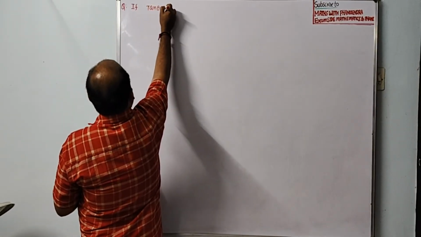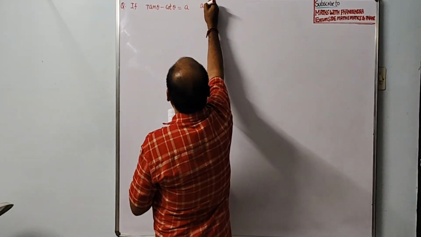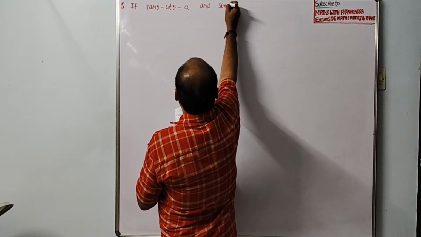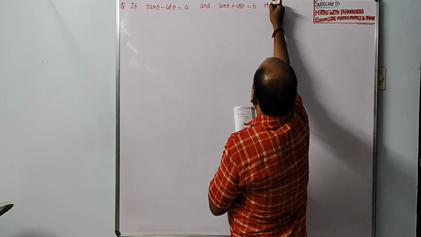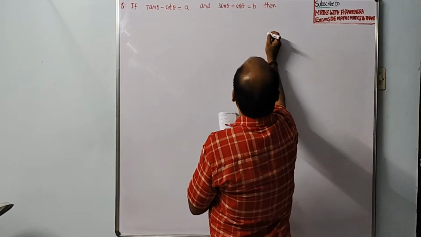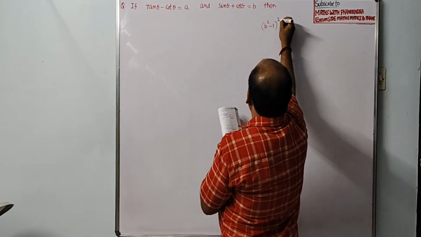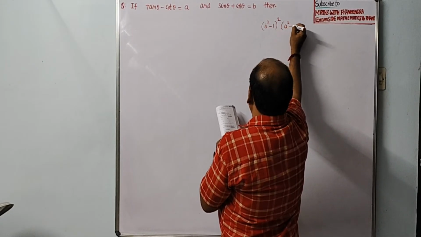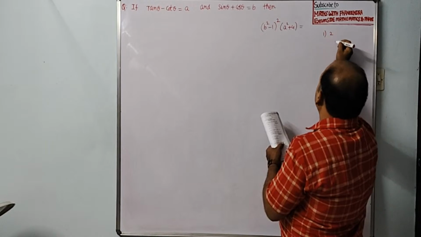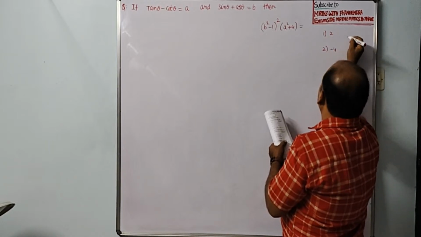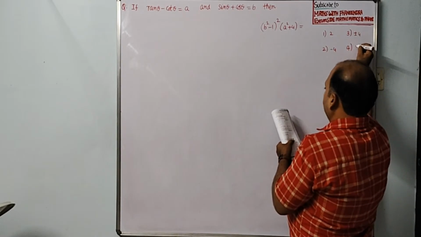If tan theta minus cot theta is equal to A and sin theta plus cos theta is equal to B, then (B square minus 1) whole square into (A square plus 4) is equal to: first option 2, second option minus 4, third option 24 plus or minus 4, fourth option is 4.